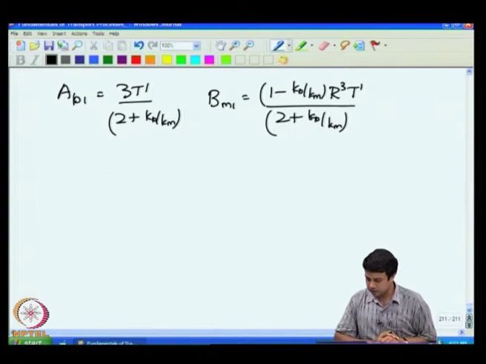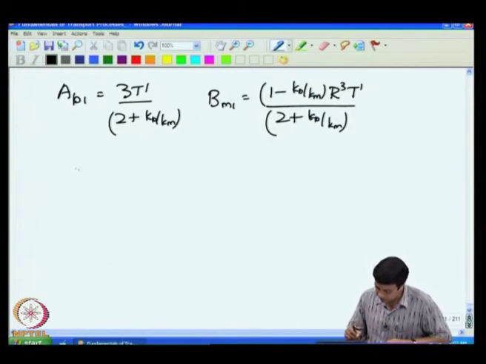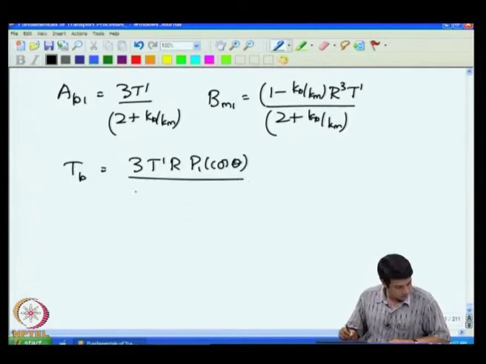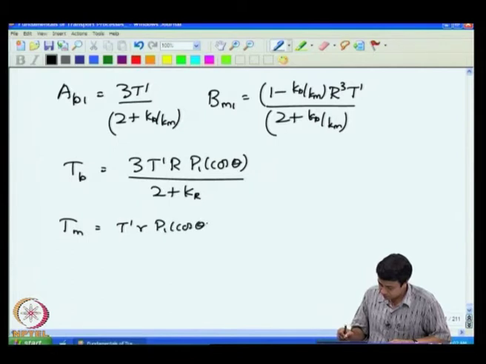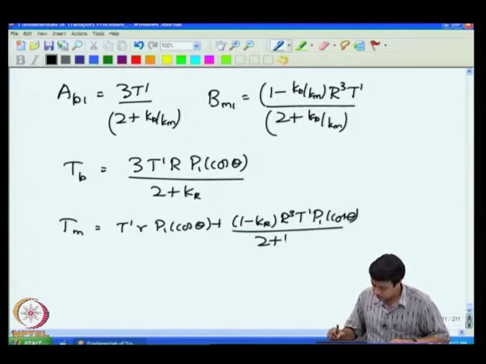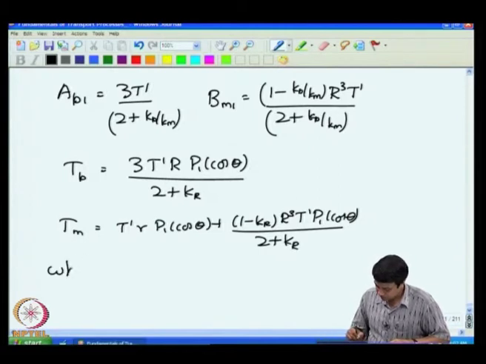Okay, so, this is in the particle and that is in the matrix. That means that the temperature field in the particle is equal to 3 T prime r P1 of cos theta by 2 plus Kr, and T in the matrix is equal to T prime r P1 of cos theta plus 1 minus Kr r cubed T prime P1 of cos theta by 2 plus Kr, where Kr is equal to the ratio of the conductivities of the particle and the matrix.